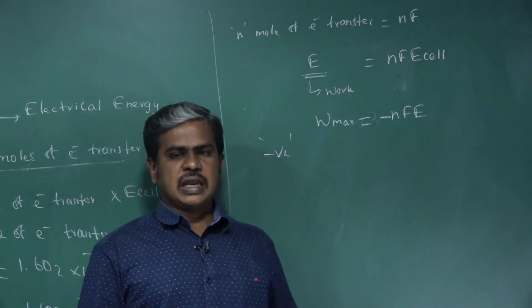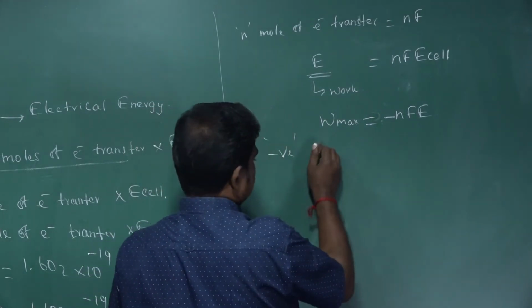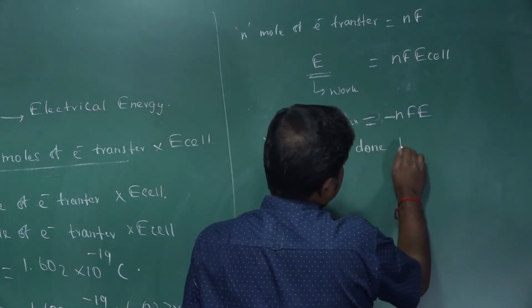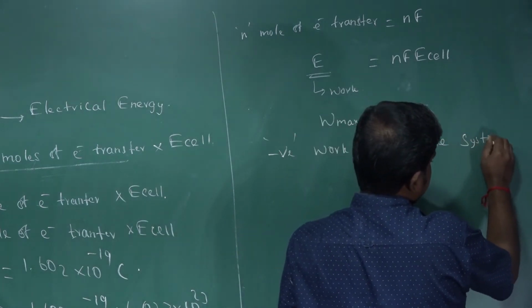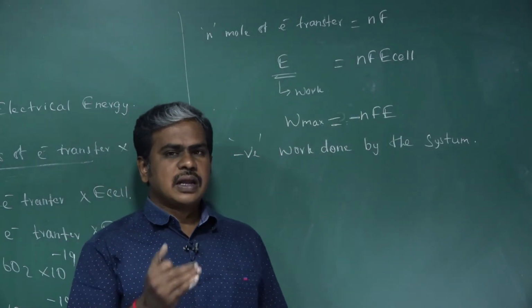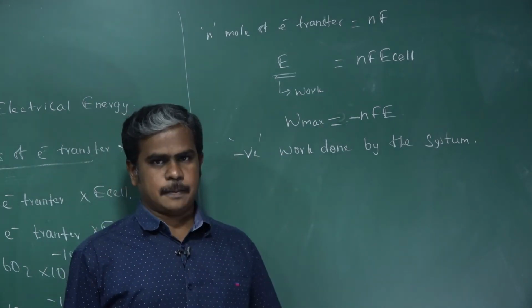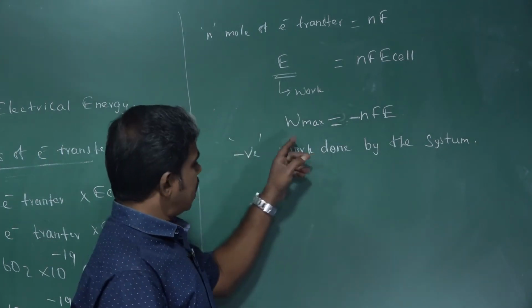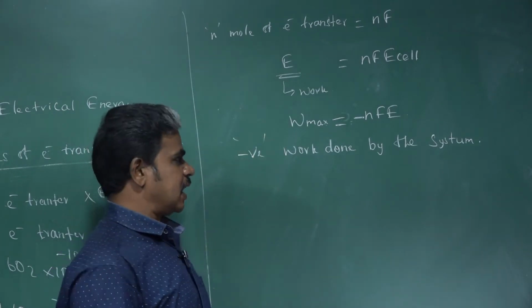The negative sign indicates work done by the system. In thermodynamics, when work is done by the system, energy is lost, so there is a negative sign. If work is done on the system, it is a positive sign.